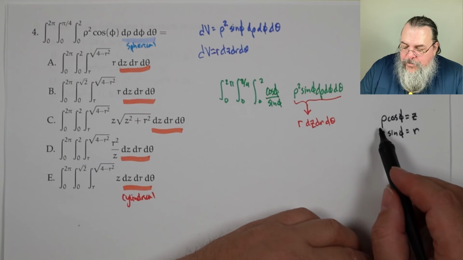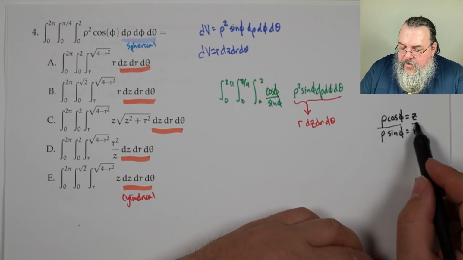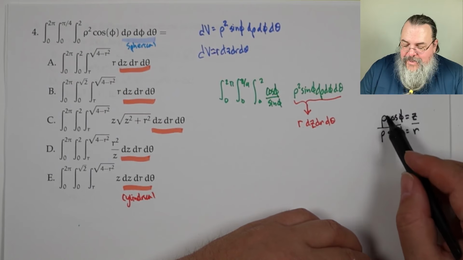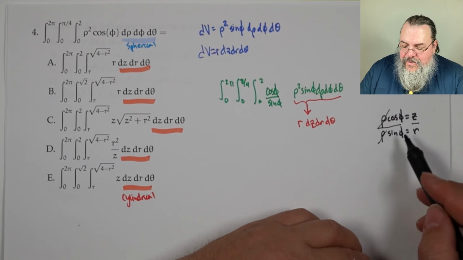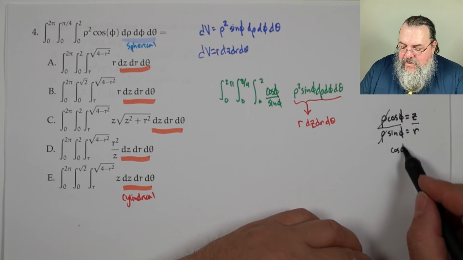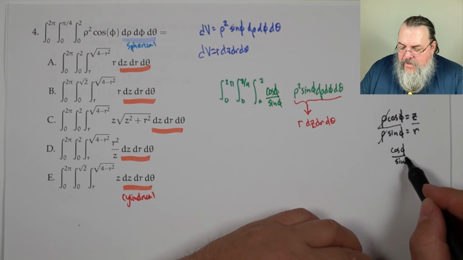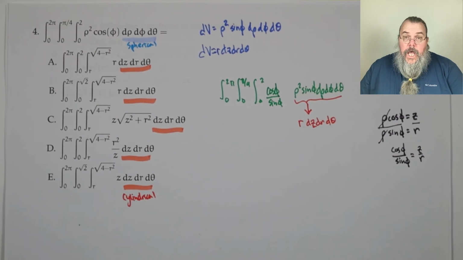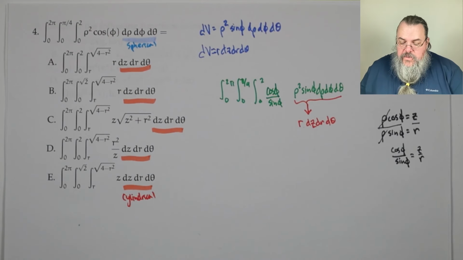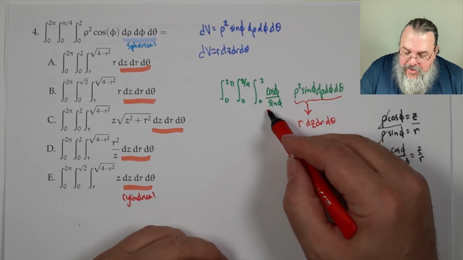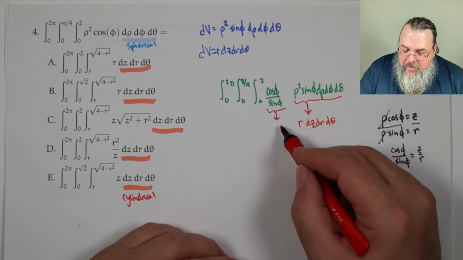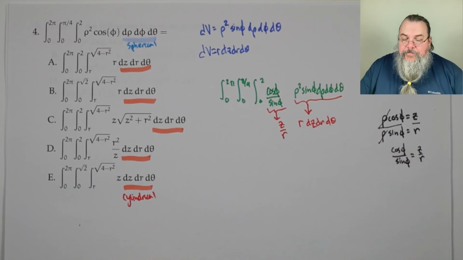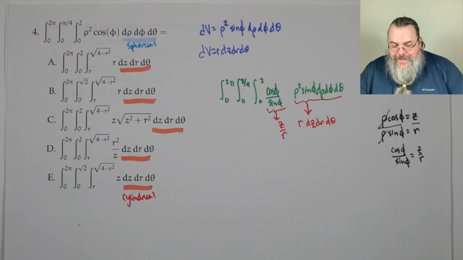Now, through the miracle of dividing both sides, you get that the rho's cancel, so cosine phi over sine phi is equal to z over r. So you're like, oh. So this part right here is going to become a z over r, which says what?